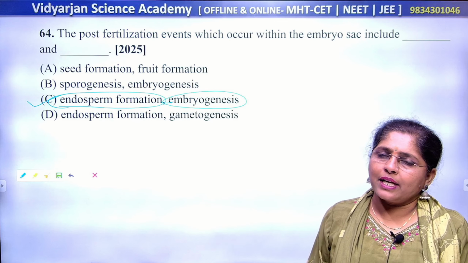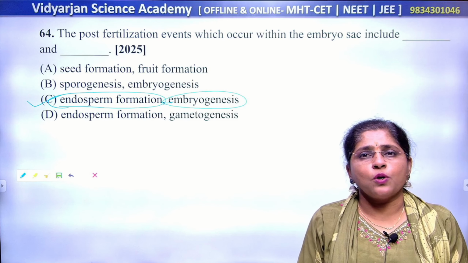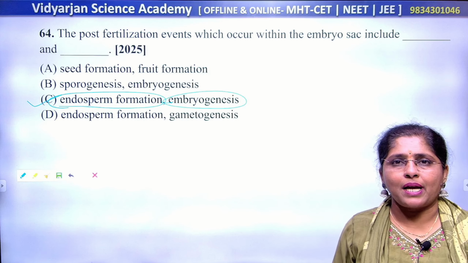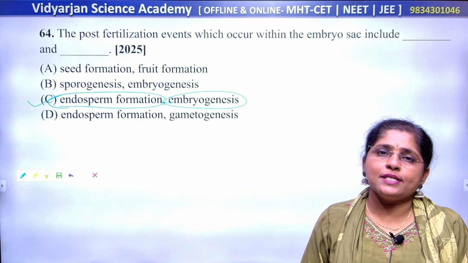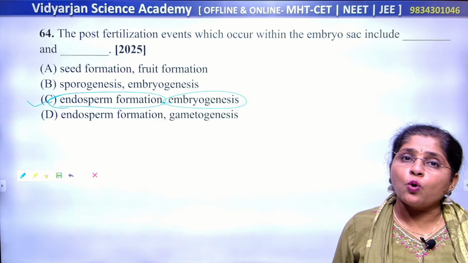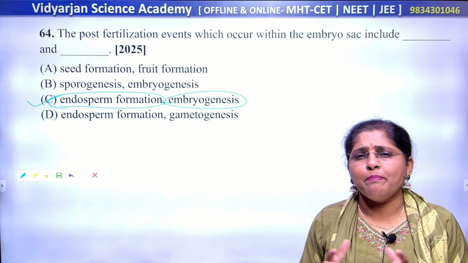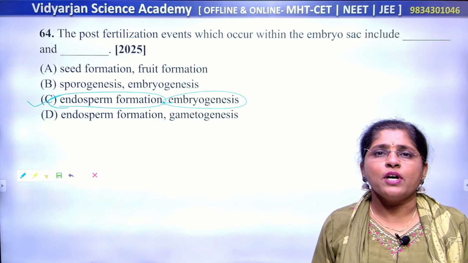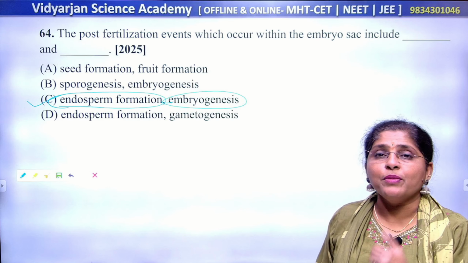The best thing you can do is prepare the mind map of all the content in this topic, that is reproduction in lower and higher plants. Prepare the mind map for pollination, types of pollination, the different agencies for pollination, with examples, then development of monocot embryo, development of dicot embryo, and besides that post fertilization changes, and definitions of parthenocarpy, adventitious embryony, polyembryony and all.